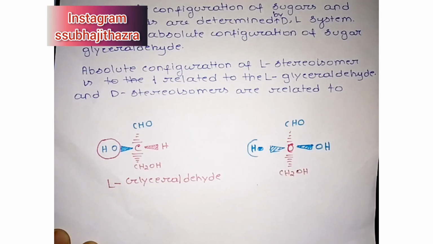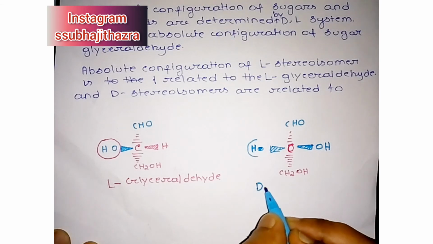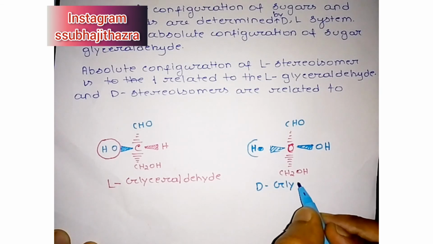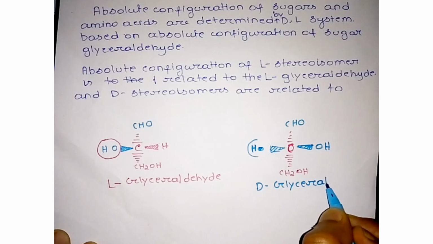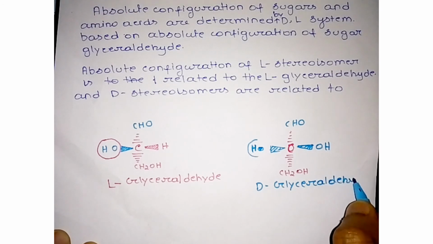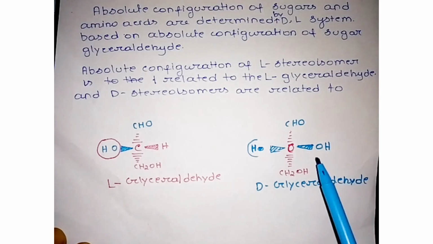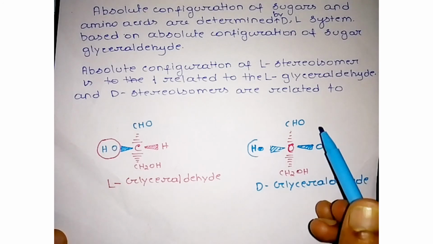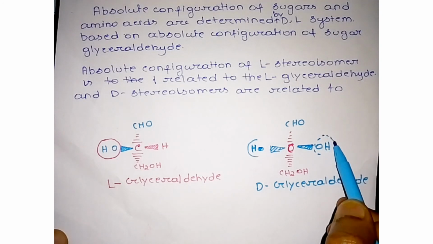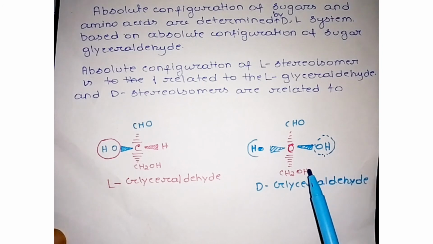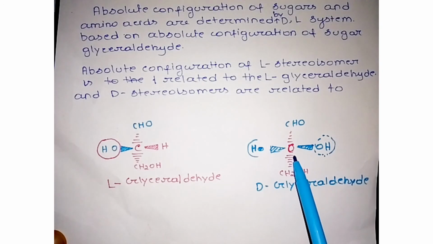This is the structure of D-glyceraldehyde. So in case of D-glyceraldehyde, the hydroxyl group is present on the right side of the chiral carbon.